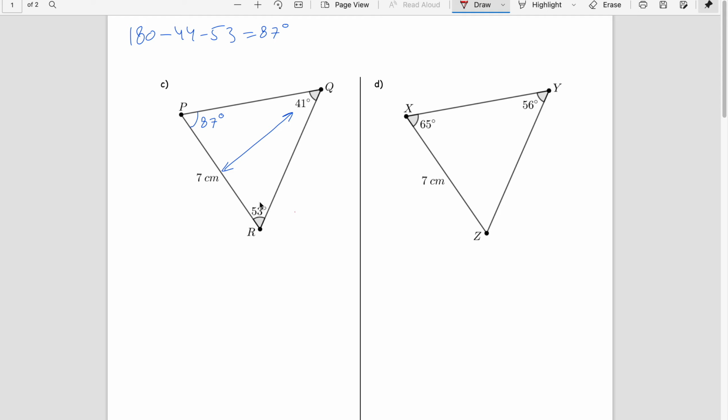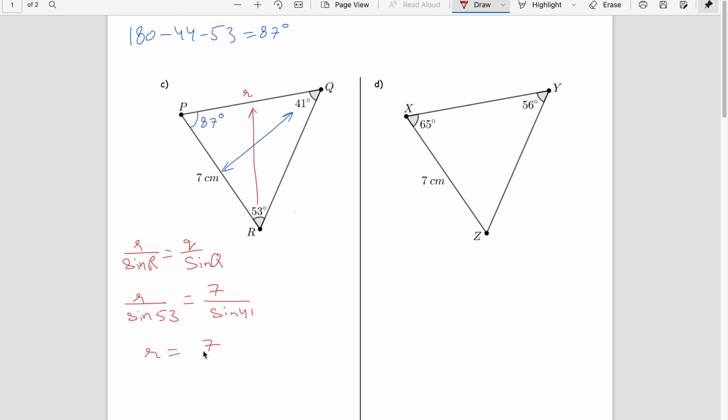and I'm going for this side R and this PQ and labeling it as small r. So R over sine R is equals to known pair, that is Q over sine Q. These letters don't really matter. You just have to be careful about the pair. So R by sine 53 is equals to Q is 7 and angle opposite to it is 41.